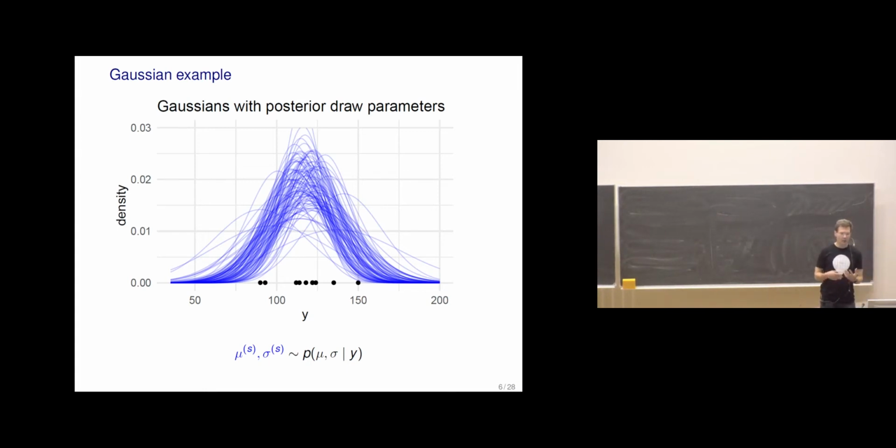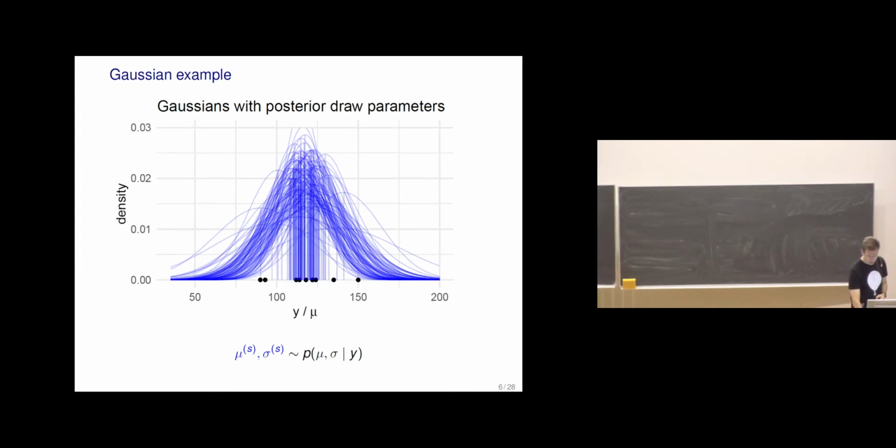Instead of plotting all these possible distributions, we could also just look at the uncertainty about mu, the center point of each of these possible distributions.